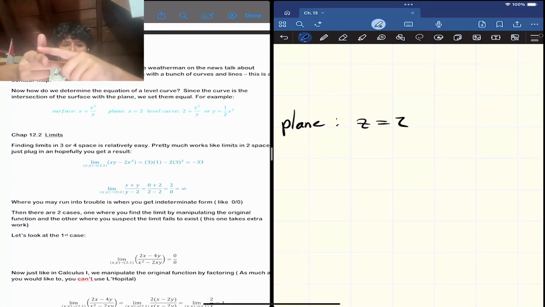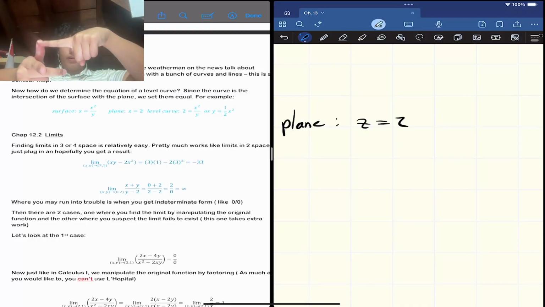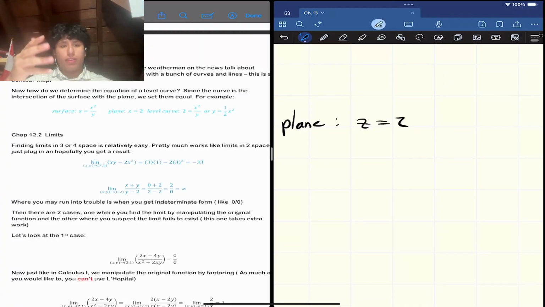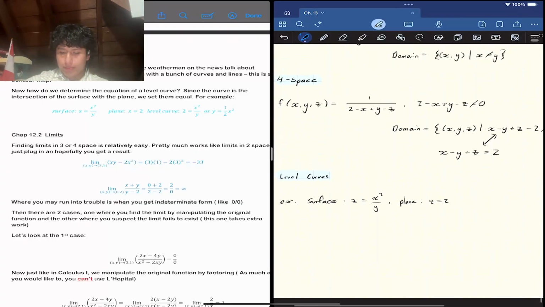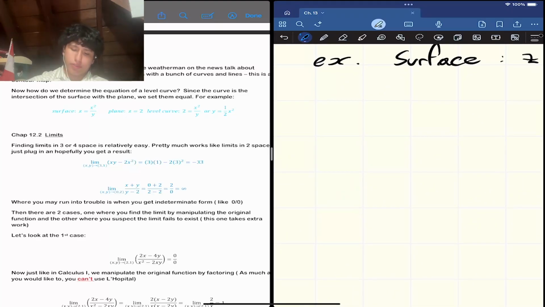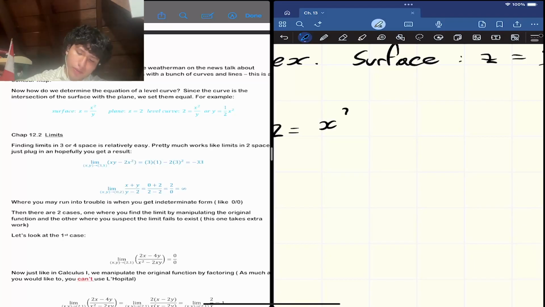We're essentially finding the plane where z is equal to 2, and finding that intersection with this surface, I guess you could say. So in this case, the way that we find this intersection is we just set them equal to each other like it says. So where 2 is equal to x squared over y.